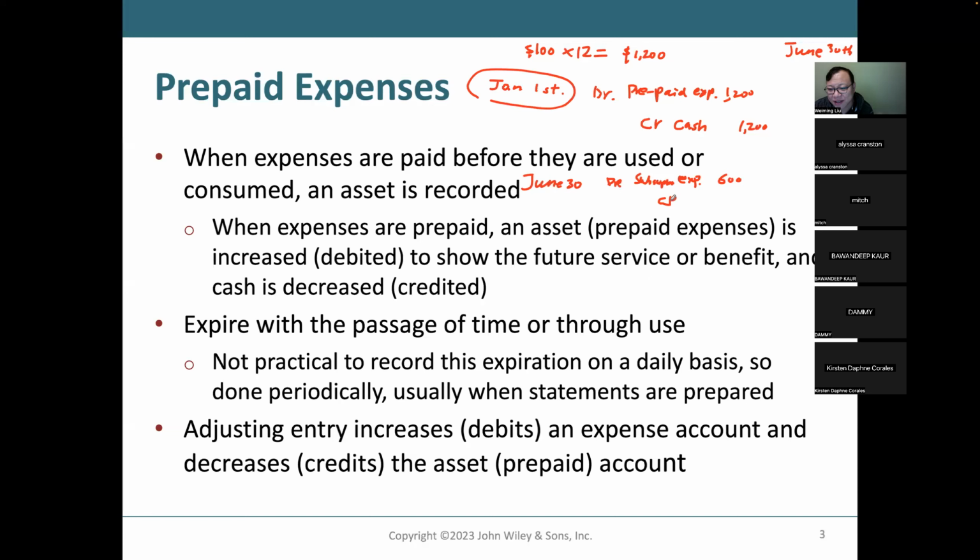What do you credit? Remember, when you recognize expenses, either your asset will decrease or your liability will increase. So here, do you think you're going to increase your liability, or consume your asset? If you consume your asset, which asset has been consumed?